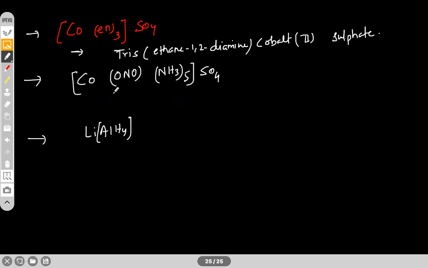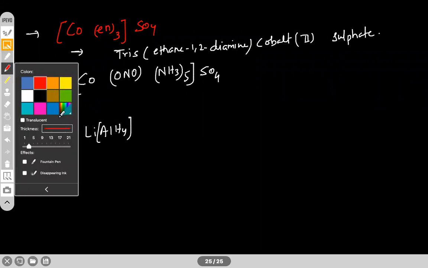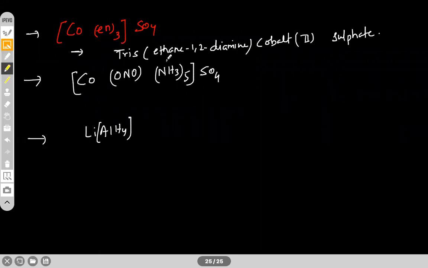Okay, this one, the oxidation state. If you see, it is 0 for ammine and NO2. What is the charge on NO2? -1. -1, right? So cobalt will be +3 because the ligands give -2 and on the complex we have +2.